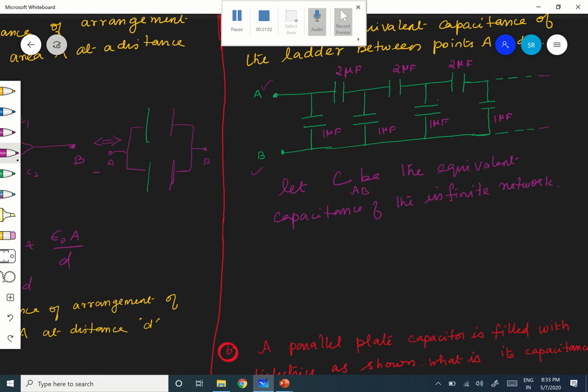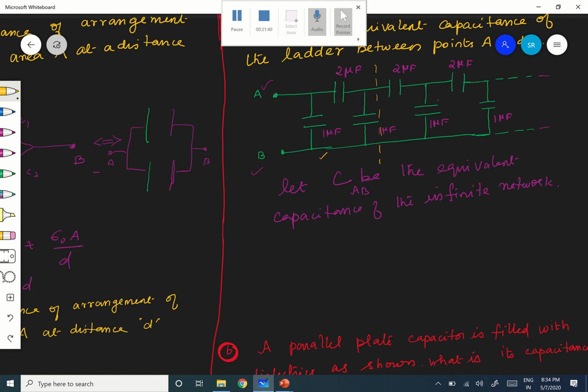Very, very simple. If it is an infinite network, what I am doing is cutting the network. I am going to keep only one segment and cut like this up to here. Since it is an infinite network, keeping only one segment is not going to matter.